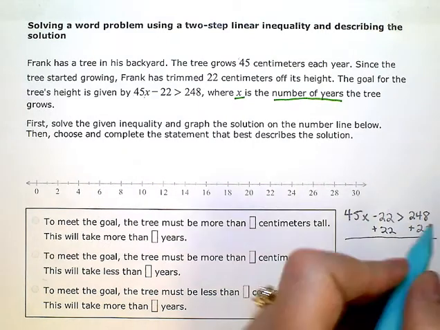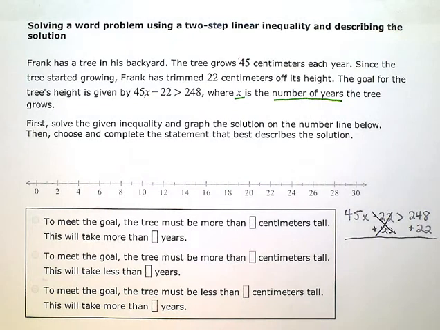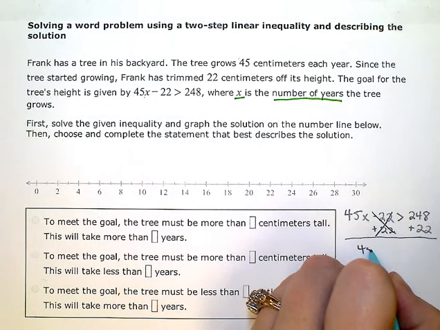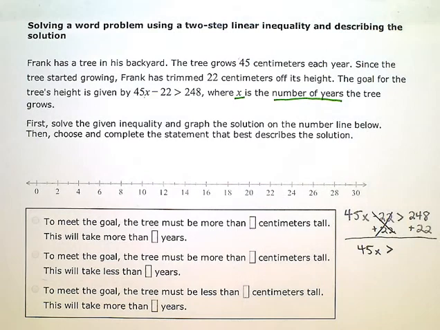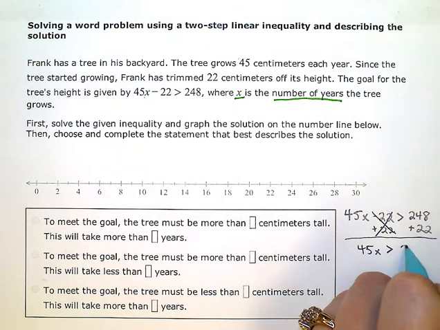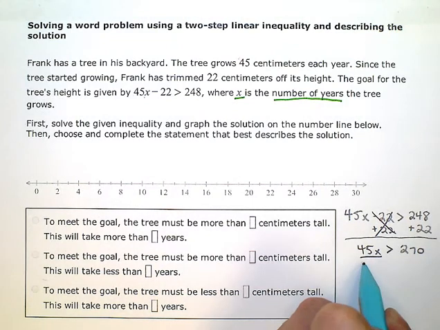Okay, so those zero out, and I'm left with 45x on the left is greater than 248 plus 22, which is 270. And then I need to divide both sides by 45.